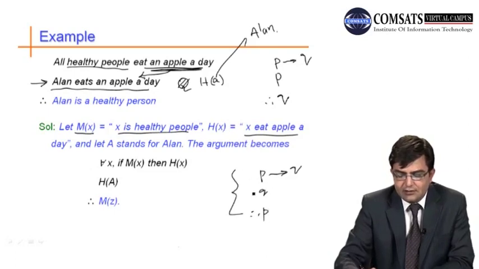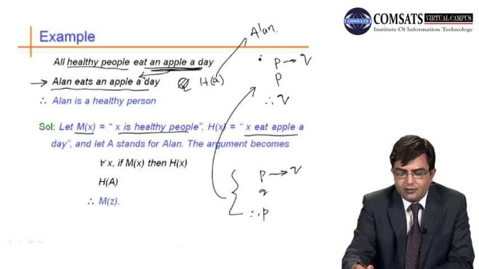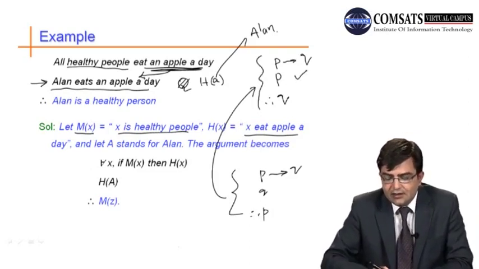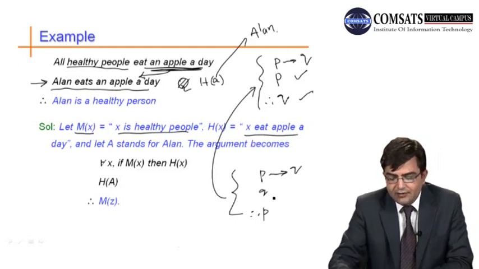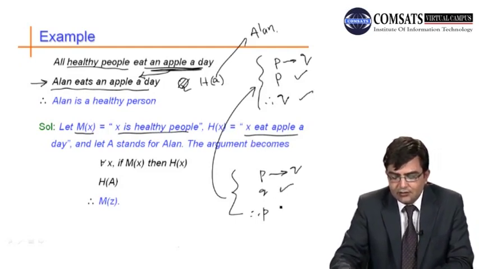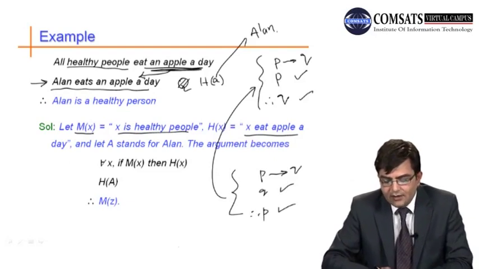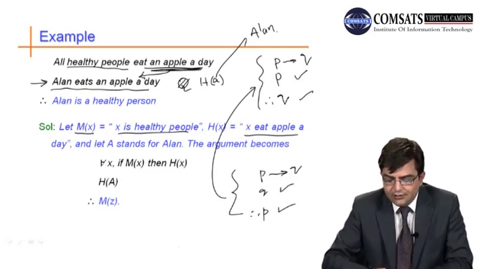So there is a difference between these two argument forms, as in the correct form of modus ponens we have p here and we conclude q. If we write q here and conclude therefore p, then this form is basically the invalid argument.